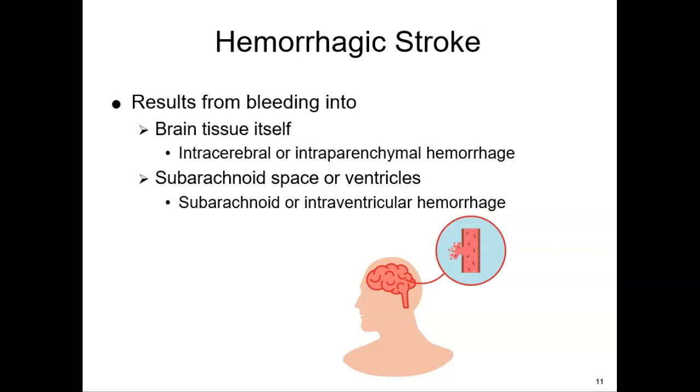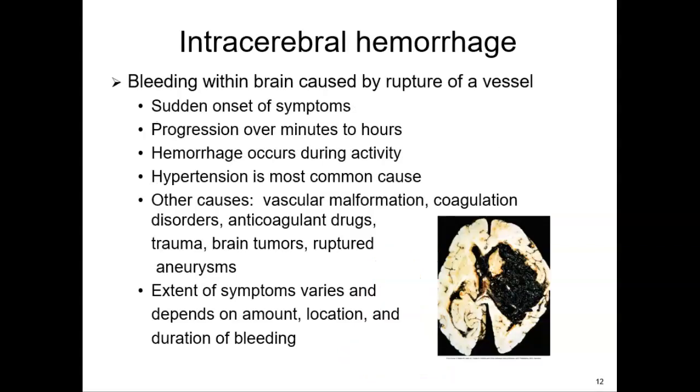Again, you have a picture here showing you it's actually bleeding into the brain itself, and the manifestation is a sudden severe headache. So if somebody has a complaint of a sudden severe headache, we would suspect a hemorrhagic stroke. All right, so bleeding into the brain caused by the rupture of the vessel, 80% mortality rate.